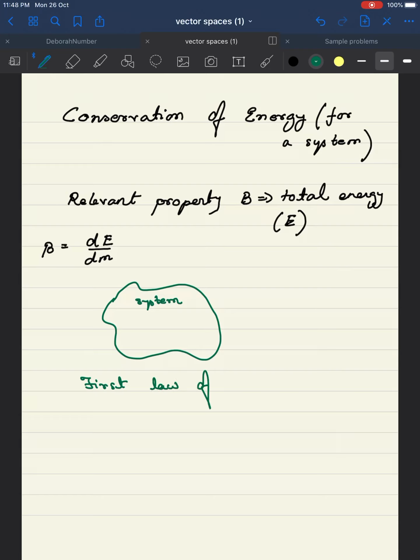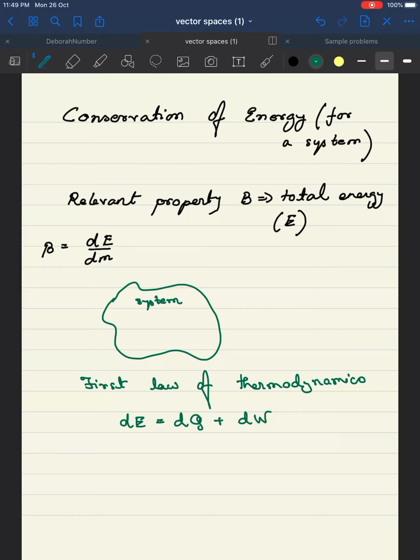and the first law of thermodynamics can be written as dE being equal to dQ plus dW. Okay, but here we have to be just a bit careful what dQ and dW are.